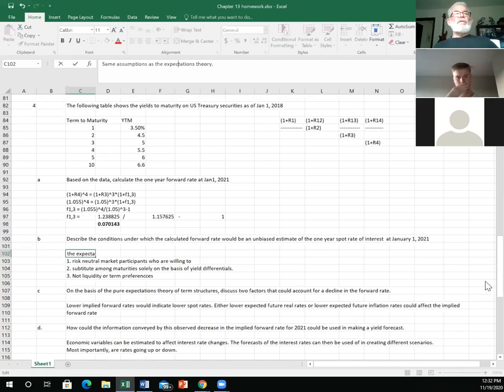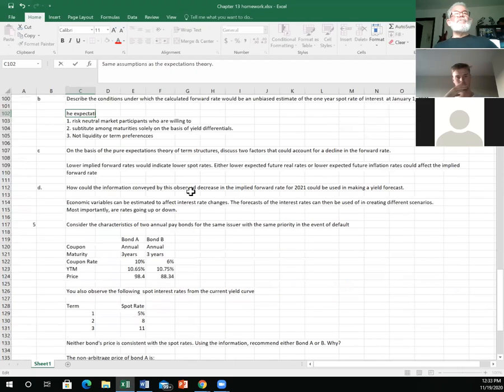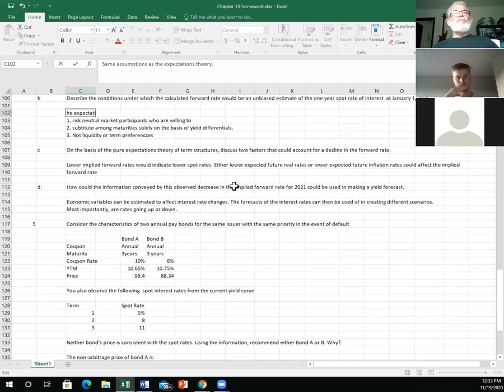How could the information conveyed by this observed decrease in the implied forward rate be used in making a yield forecast? Well, if you're using like financial forecasting, where you've got to put in interest rates to calculate future values, present values, yield to maturities, or yields, then calculating those forward rates would give you some numbers to plug in to your forecast.